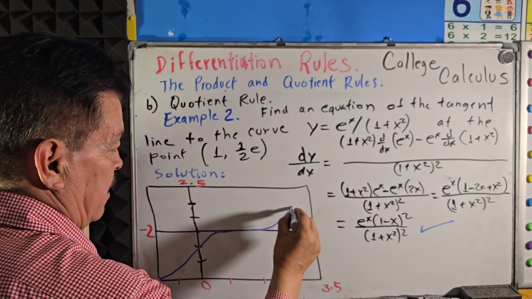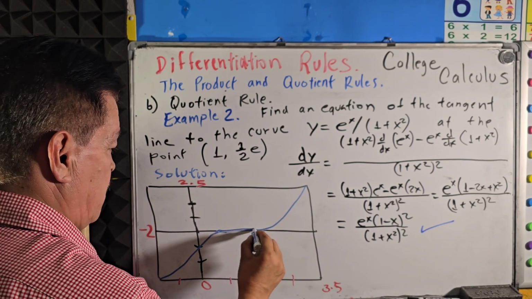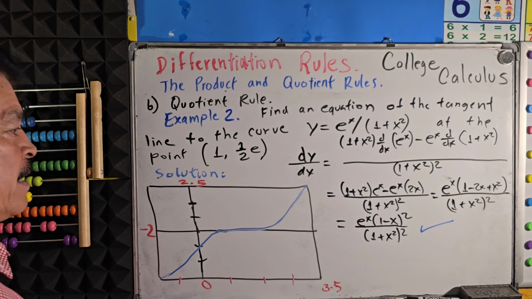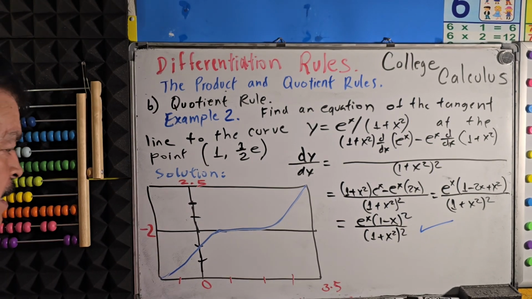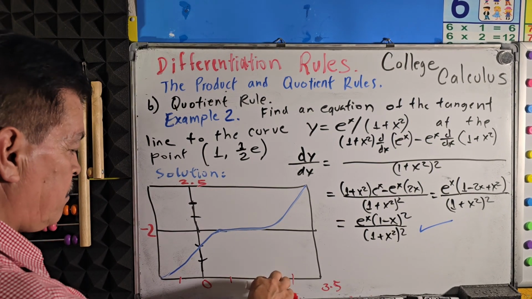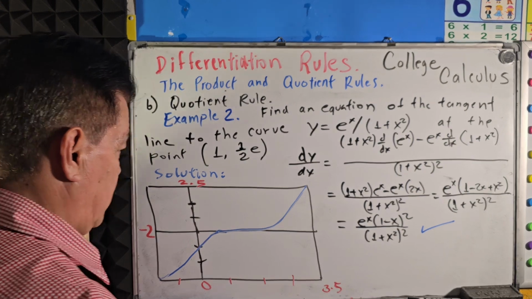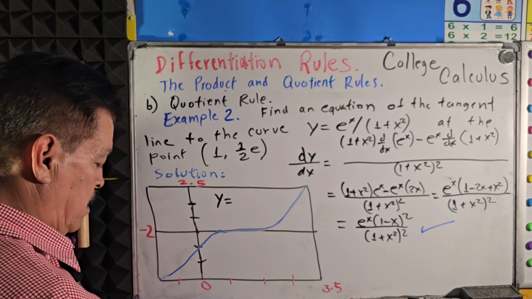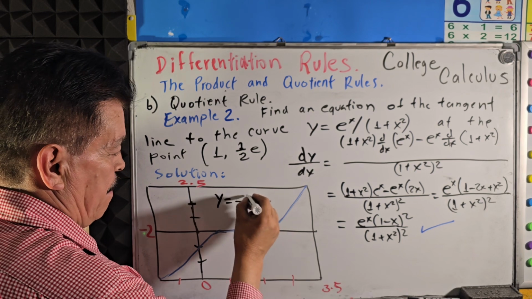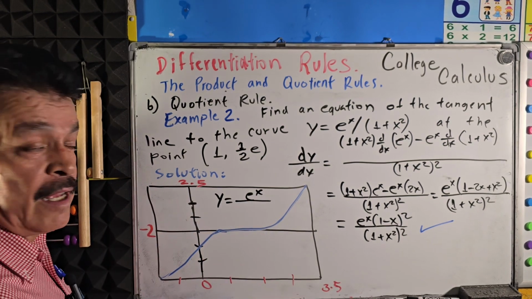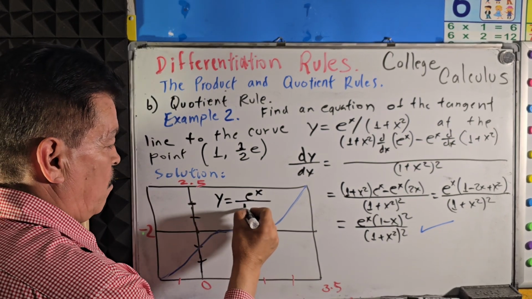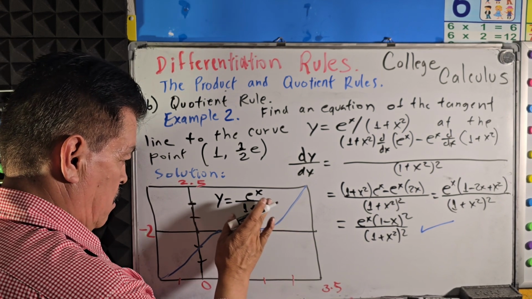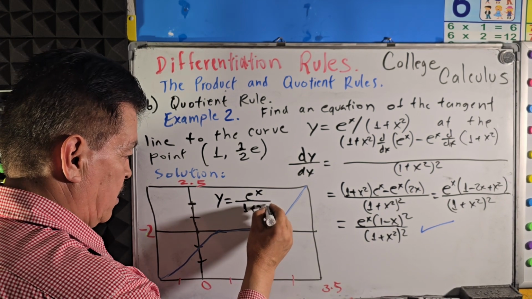Here we have y equals e to the x power divided by 1 plus x to the second power.